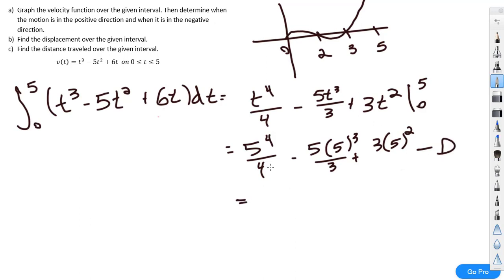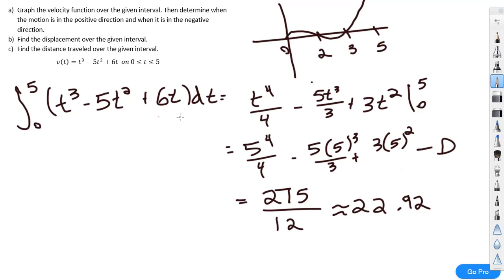And after I plug all of that in, my final answer will be 275 over 12, which, if you want the decimal approximation, is about 22.92. Great, so that's it for finding the net displacement.